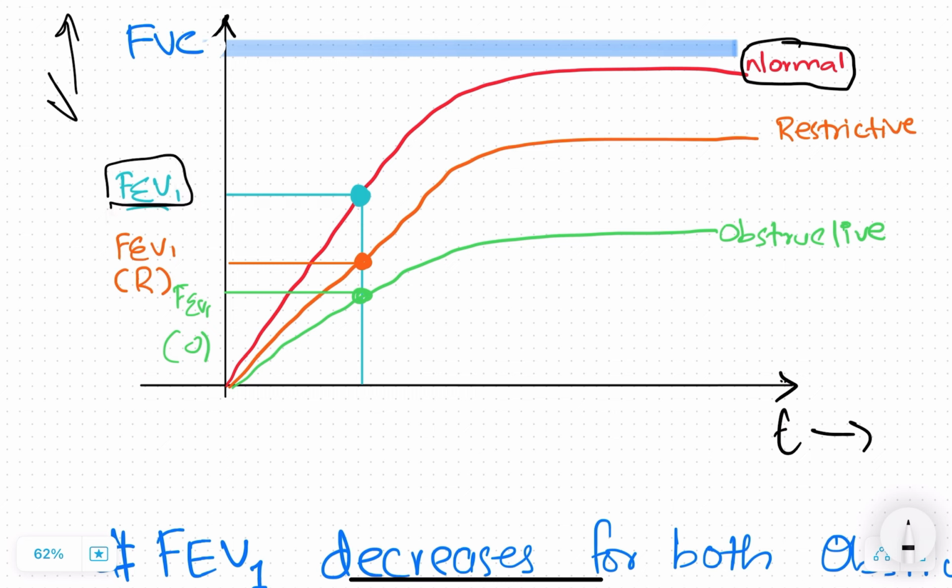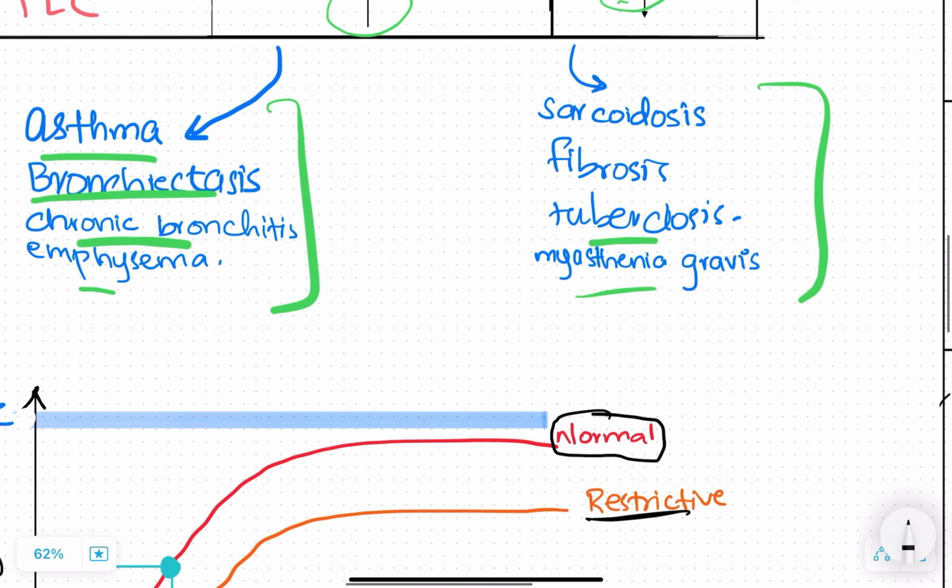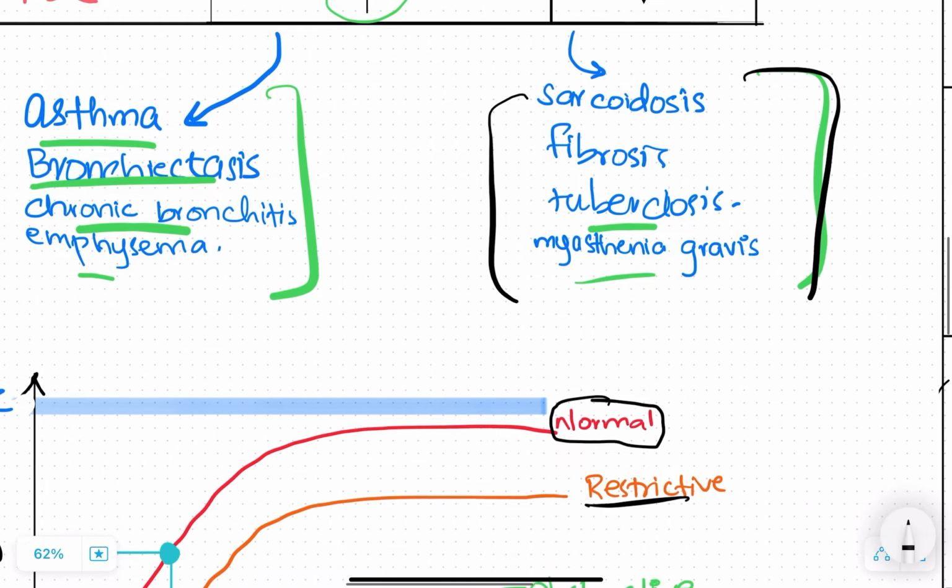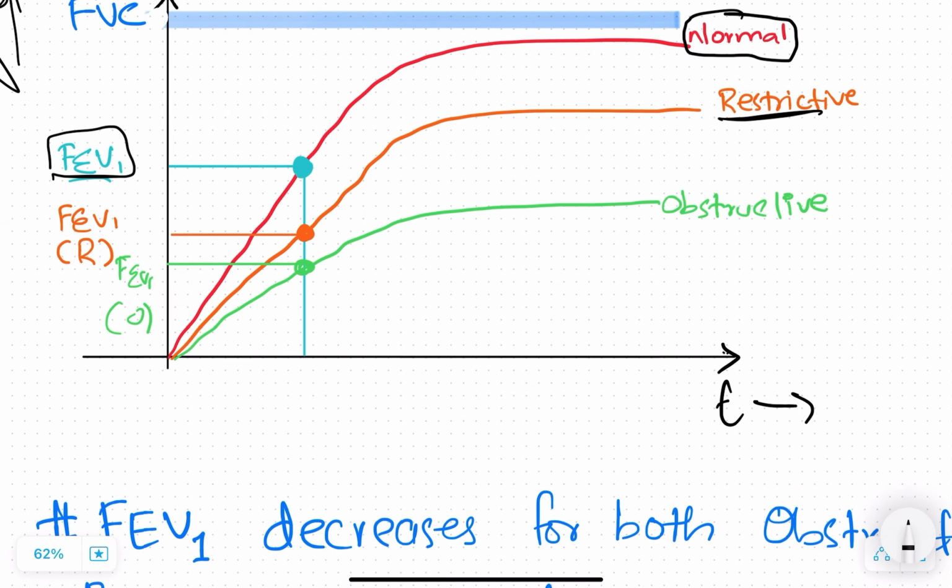All right. Now, if the patient is suffering from a restrictive lung disease, any of the diseases mentioned over here, the patient would have a lesser FEV1. But if the patient is suffering from obstructive lung diseases, as we have discussed earlier, the patient has trouble getting air out of the lungs, so the patient would have a very low FEV1, as we have demonstrated in this green graph.